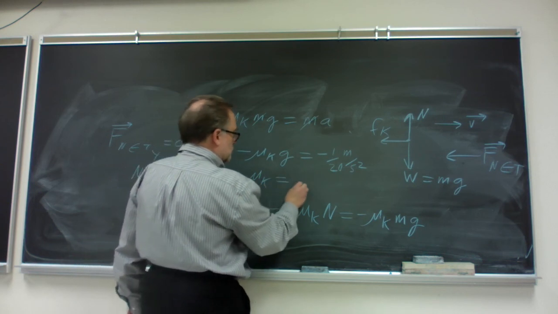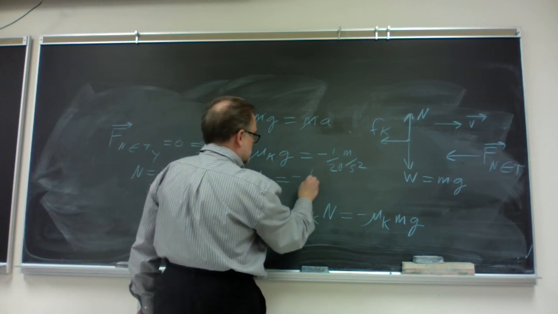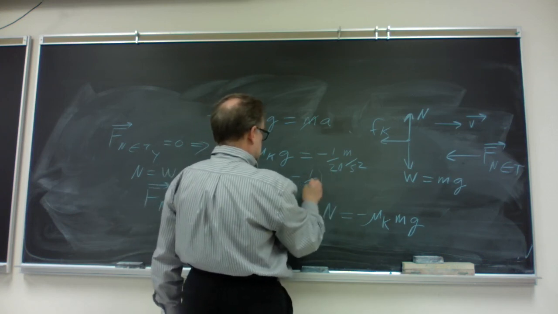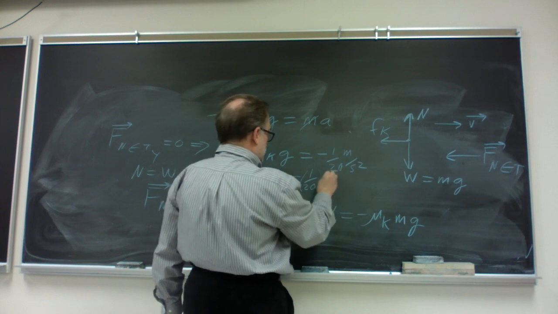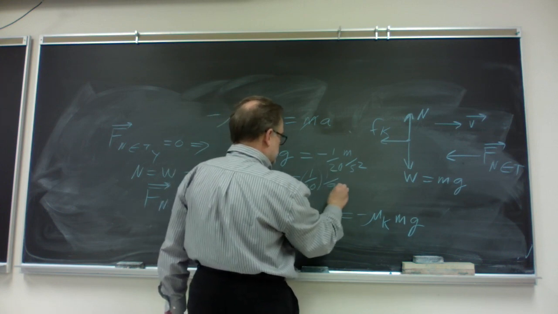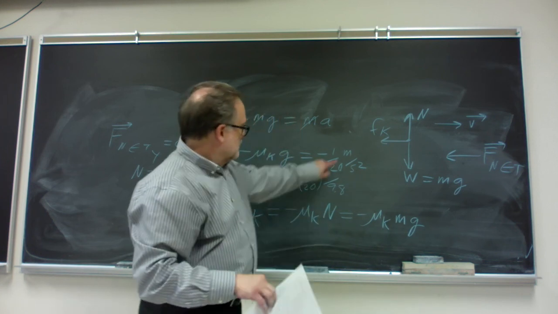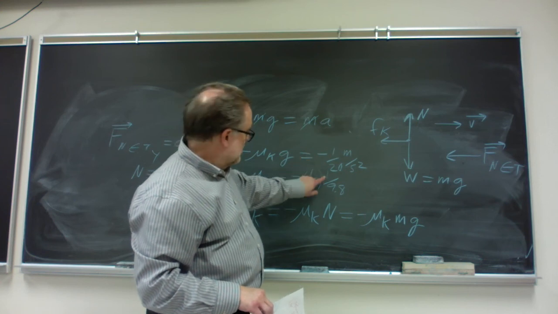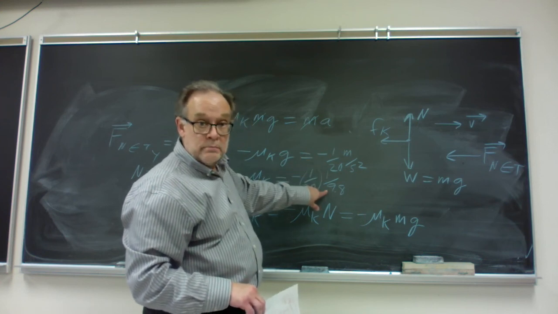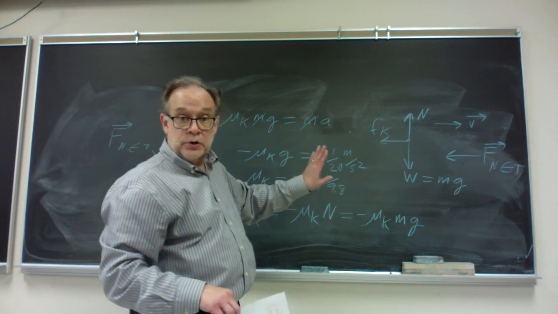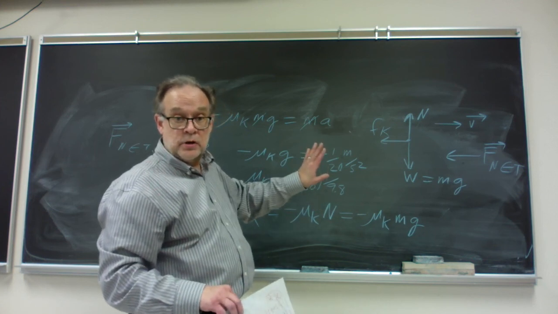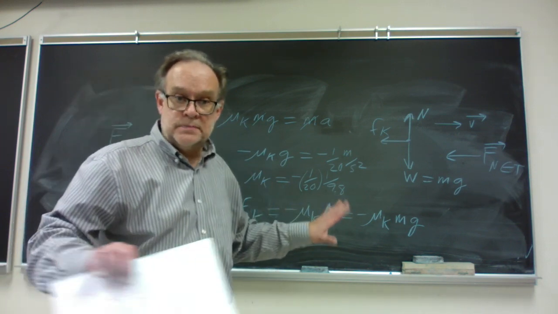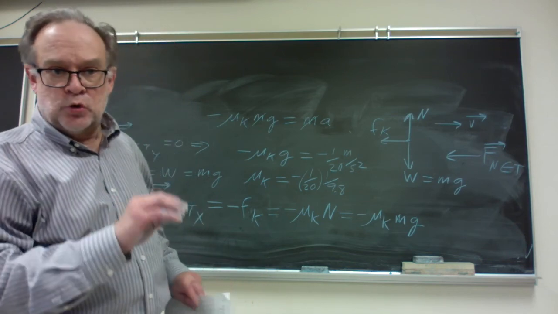And we're left with coefficient of friction equals 1/20 divided by g, which is 9.8. This is 1 over 20 meters per second per second, and then this is 1 over meters per second per second. So all the unit labels cancel out just as they should, and give us a coefficient of friction that has no units at all.